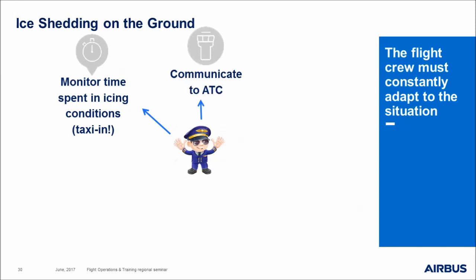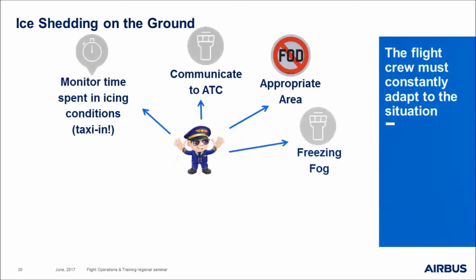Communicate with the airport ground control. Choose a suitable area with a low risk of foreign object damage. Take into account freezing fog conditions that may be reported by the ATC. Take into account the overall traffic on the ground.